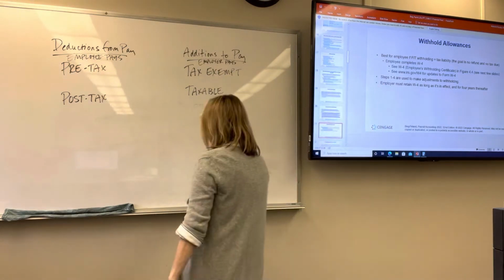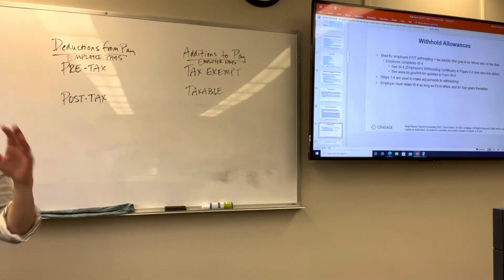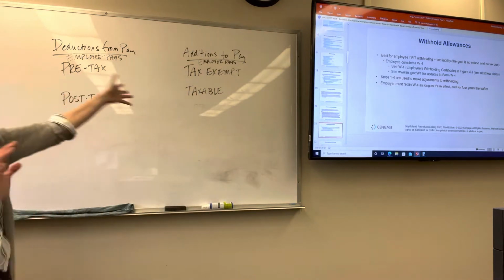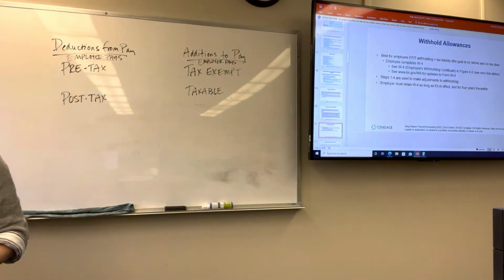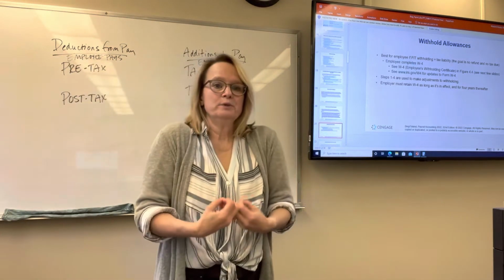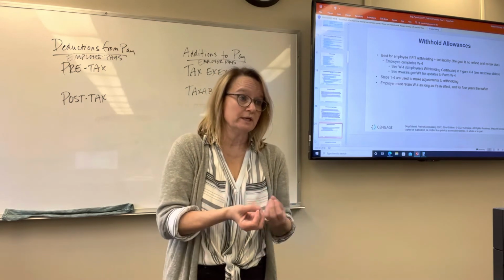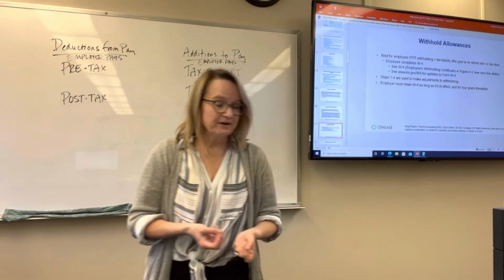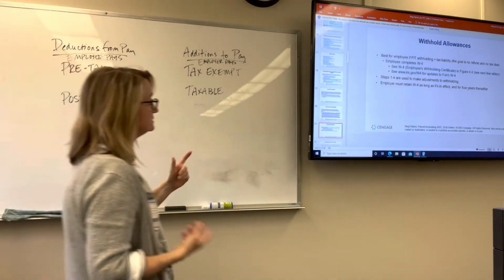Okay, so we're going to look at what's called the W-4 form. We talked about how we arrive at the amount that's actually taxable. Once we arrive at that amount, we've got to figure out how much we withhold on that, because that's going to vary from employee to employee. It's going to vary based on how the employee fills out this W-4 form.